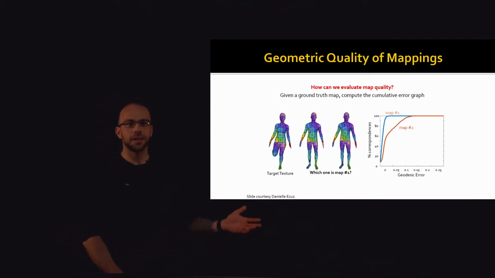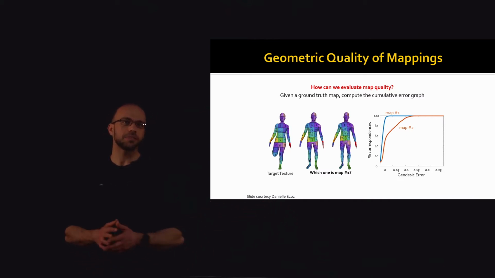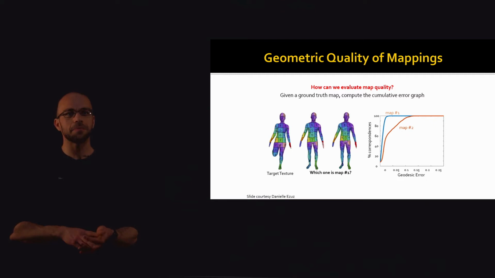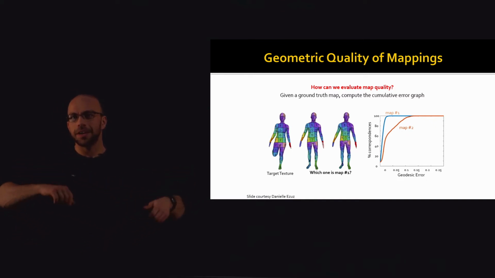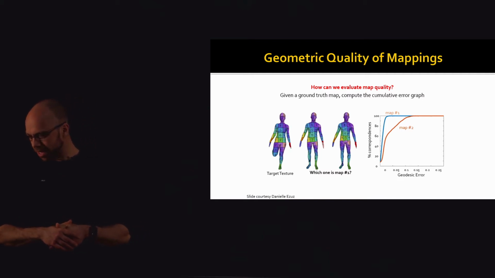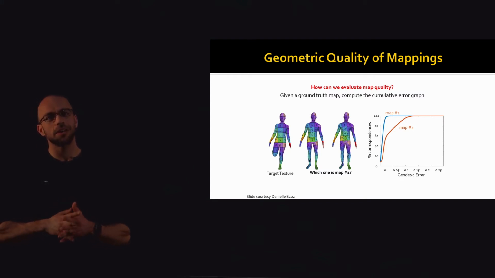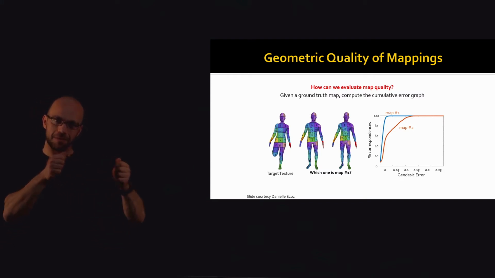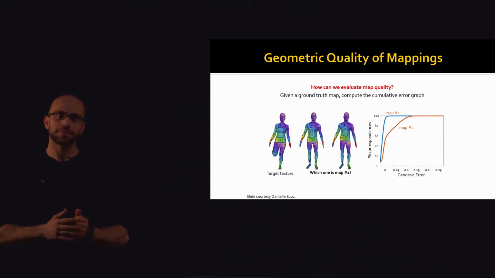Because essentially, most of the matchings in map number 1 are within a relatively small amount of geodesic error, whereas map number 2 needs sort of a bigger amount of wiggle room before the mapping is correct. Now, here's where things get a little bit tricky. When we look at the surfaces in the images here, clearly it's the case that the figure on the right is what Danielle would call locally inaccurate, right? I mean, the map is sort of noisy at the local scale.